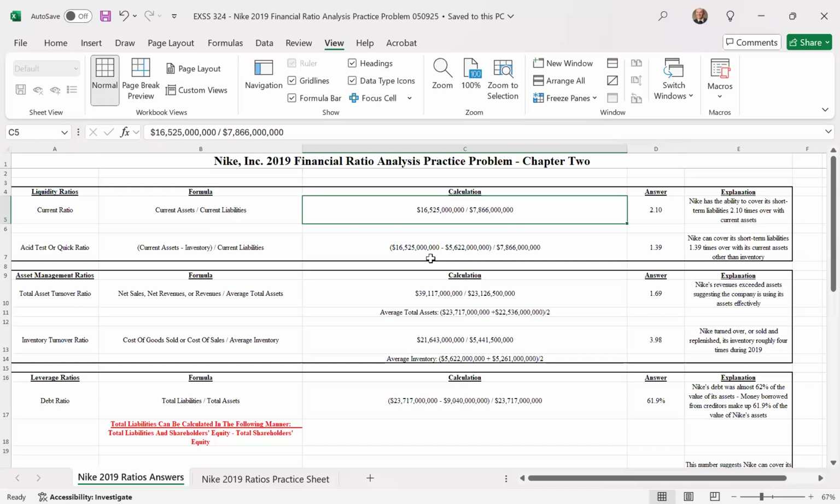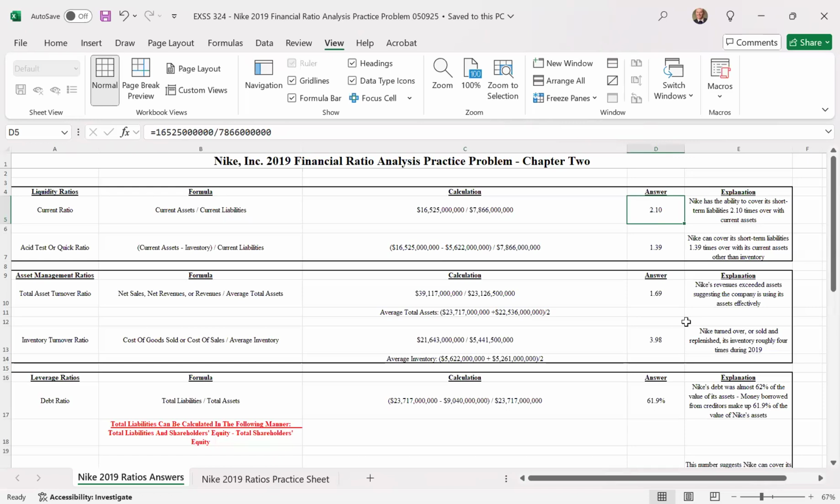Our current assets, based on what the balance sheet says, are $16,525 million. Current liabilities are $7,866 million. These numbers are readily available on the balance sheet. After we do the calculation, we get 2.10.